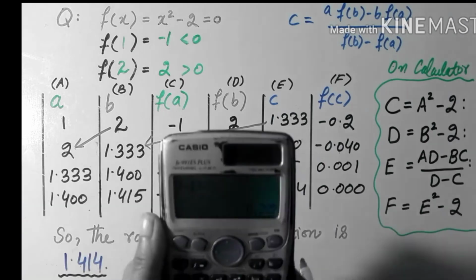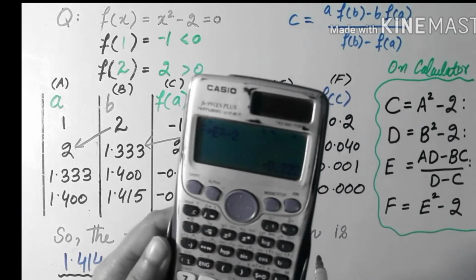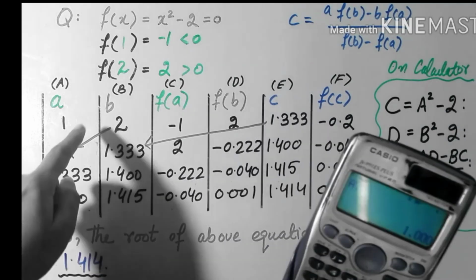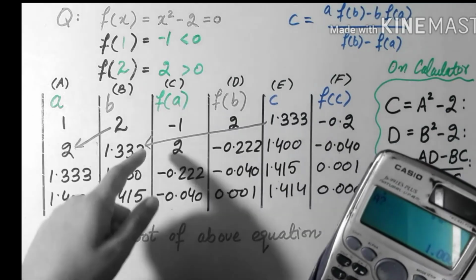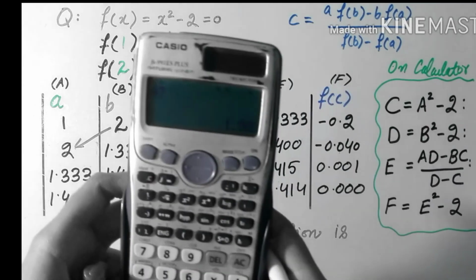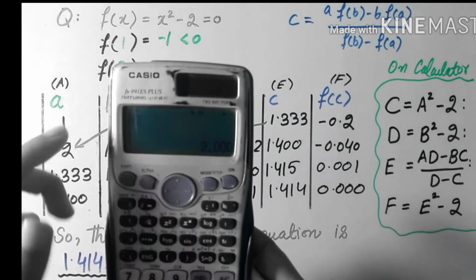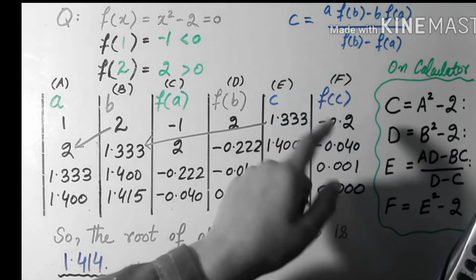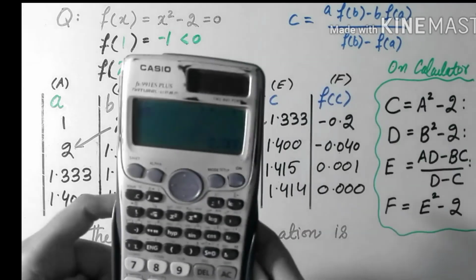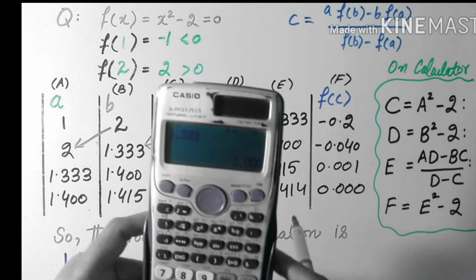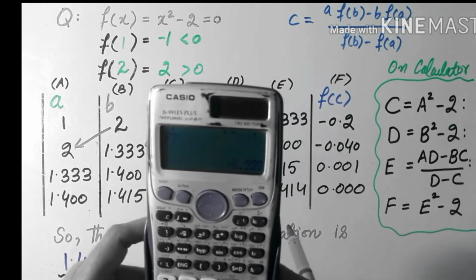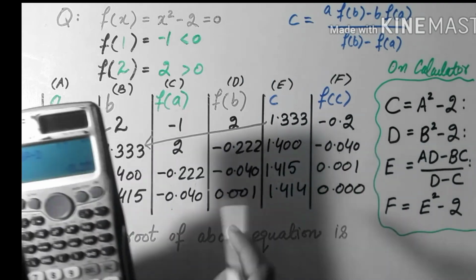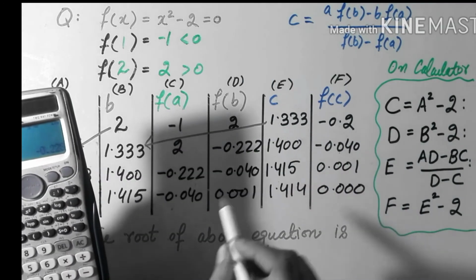Okay, now the next iteration. The value of A would be the value of B in the previous iteration, which is 2. Skip D. The value of B will be the value of C in the previous iteration, which is 1.33. Now the value of C becomes 2, and the value of D is negative.